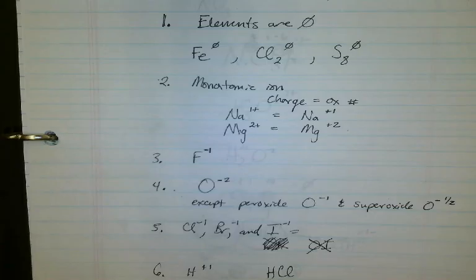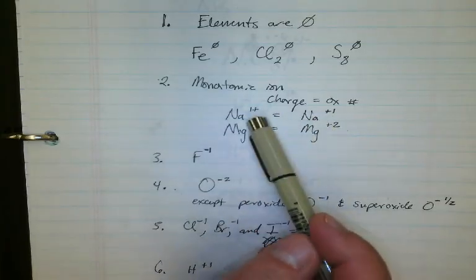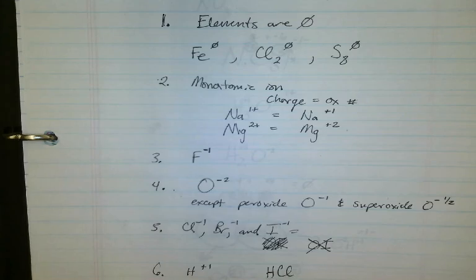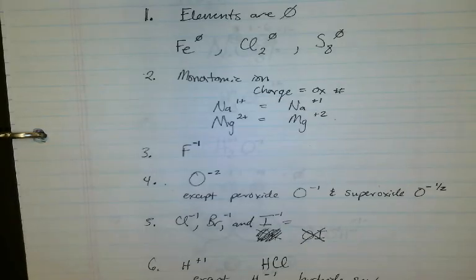So if you know the charge, you automatically know the oxidation number. Do you see how I did that? They're the same. They don't mean the same thing, but they are the same.